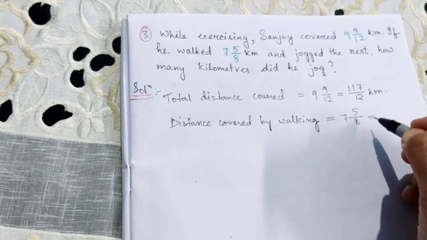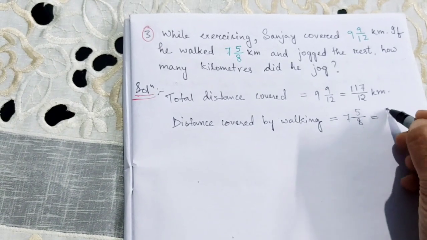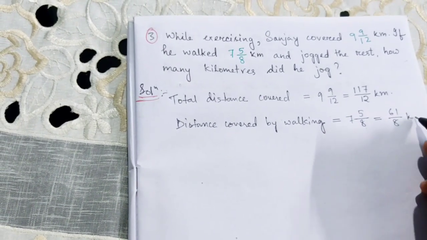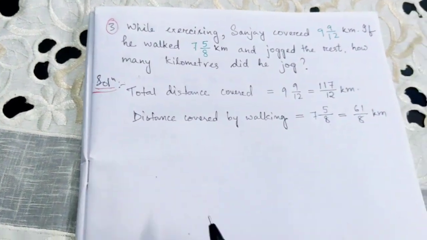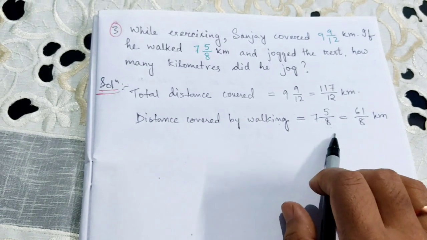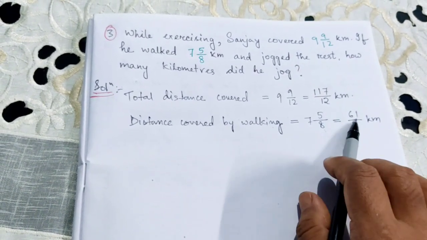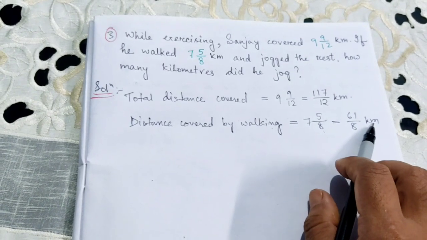So you can convert it to improper fraction. 7 8s are 56. 56 plus 5, you will get 61 by 8 kilometer. So the distance covered by walking is 7 5 by 8, that means 61 by 8 kilometer.